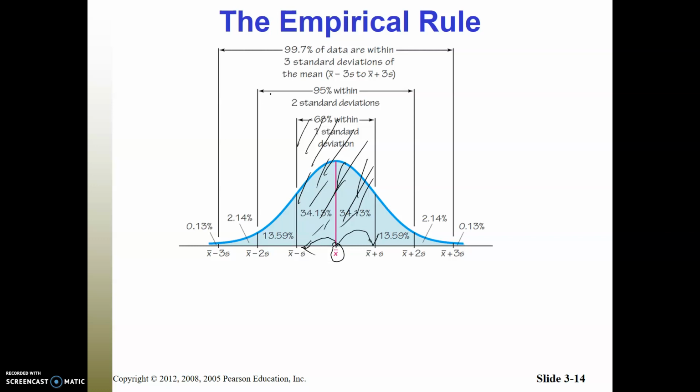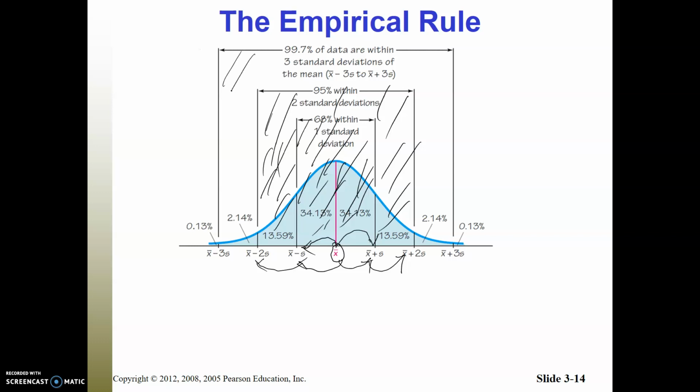And the rule says 95% of the values are in this range. 95% of the data values are within 2 standard deviations. How 2 standard deviations? Look at that: 1 standard deviation and 2 standard deviations. Same, you subtract 1 standard deviation and another standard deviation, 2 standard deviations. And 99.7% of all your observations lie within this range, right?